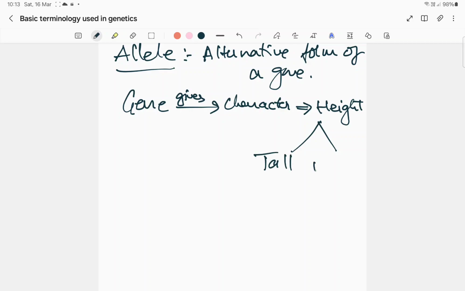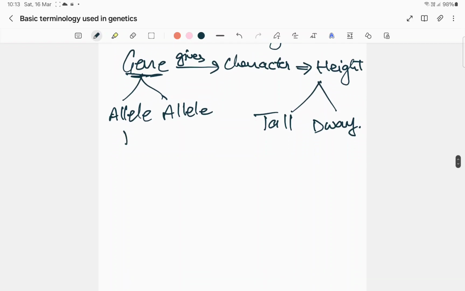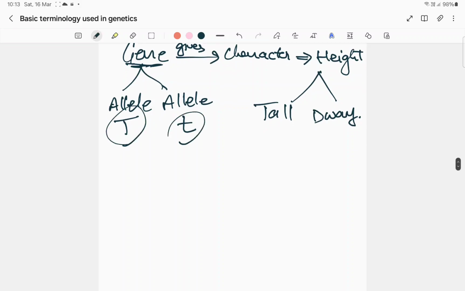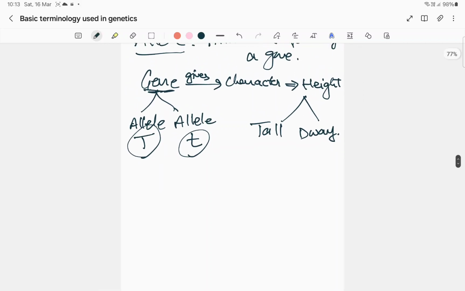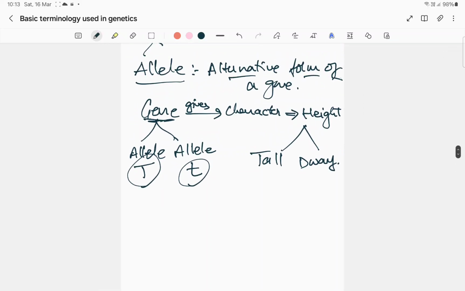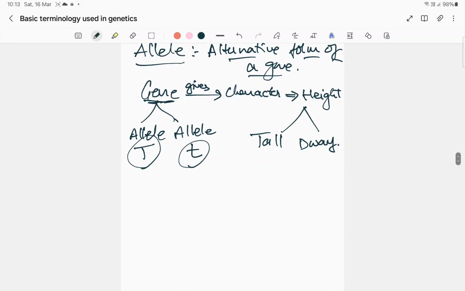One is tall, one is dwarf. Genes will also have two types of alleles. However many forms of the character there are, that many forms of the gene will be there. Two types of alleles will be there, right? One is tall, capital T, the other is dwarf, small t. These are alleles. So we will say allele is an alternative form of a gene.